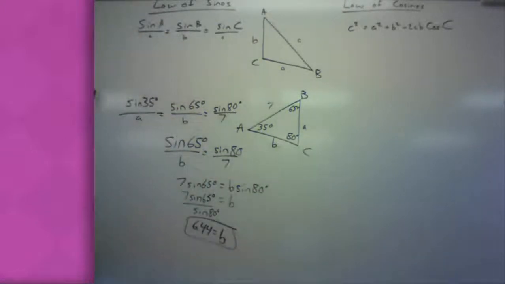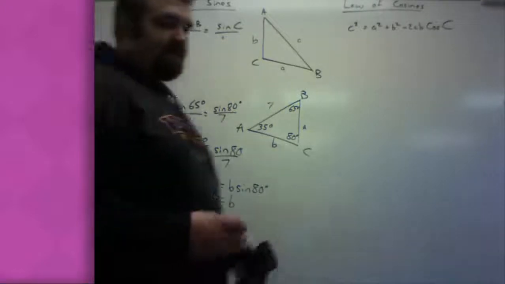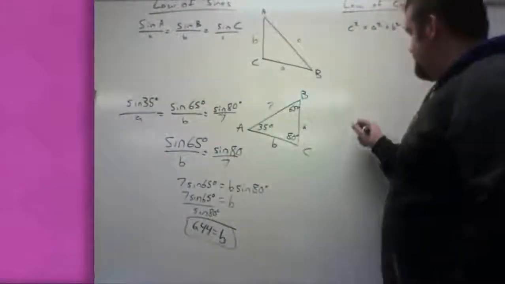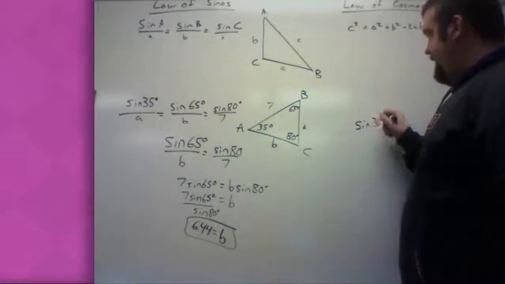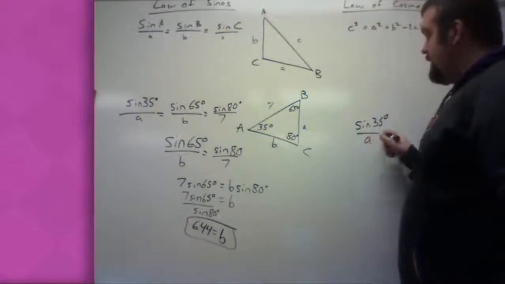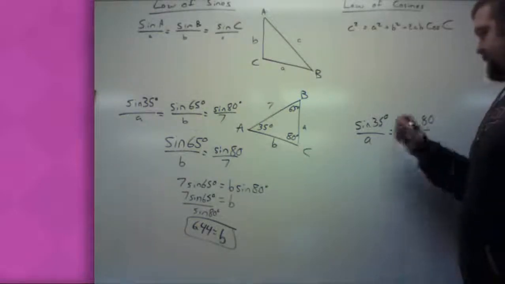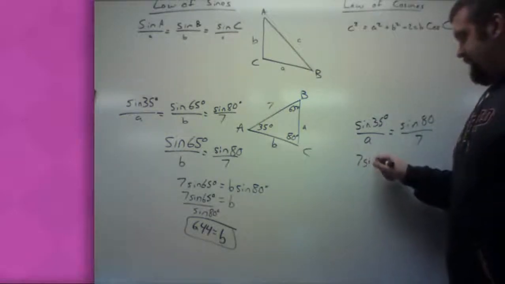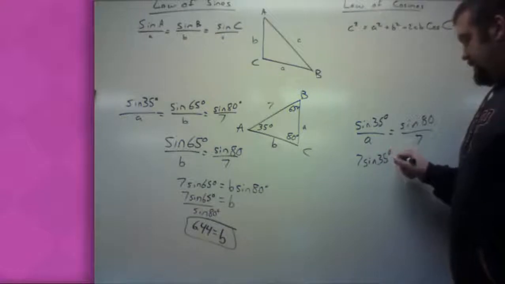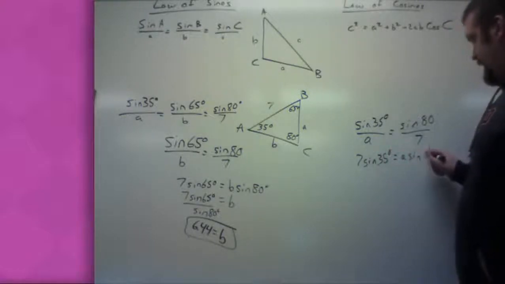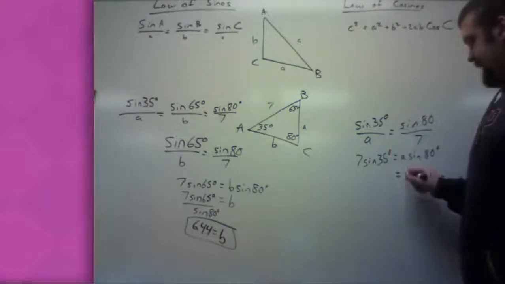Now for the other one, I would do the same exact thing, but now I'm plugging in sine of 35 degrees over a equals sine of 80 over 7. Cross multiply, 7 sine of 35 degrees equals a sine of 80. Divide both sides by sine of 80.